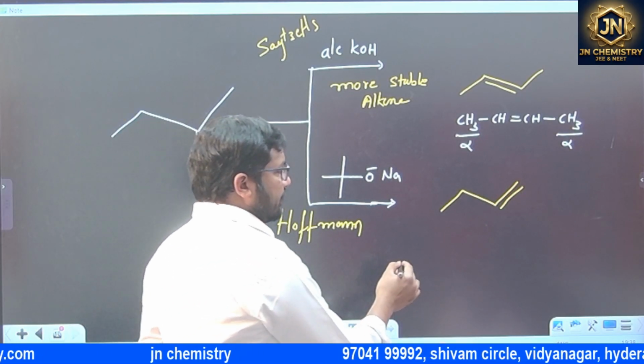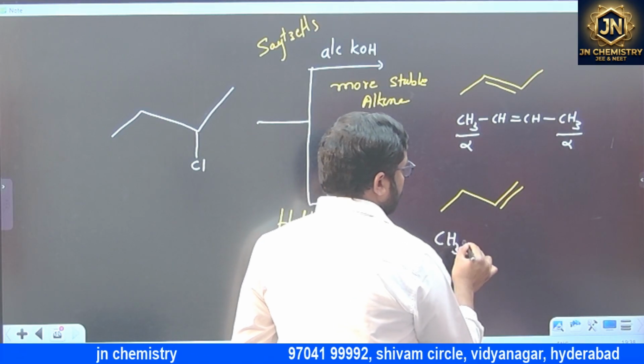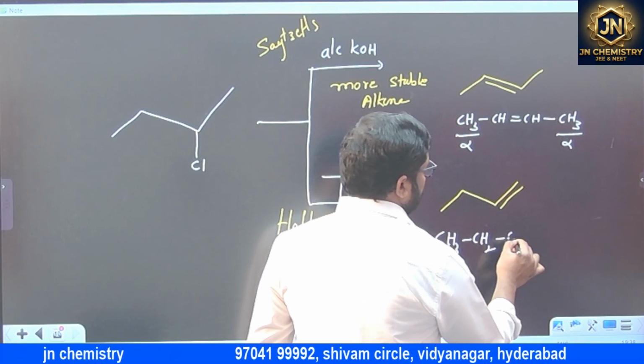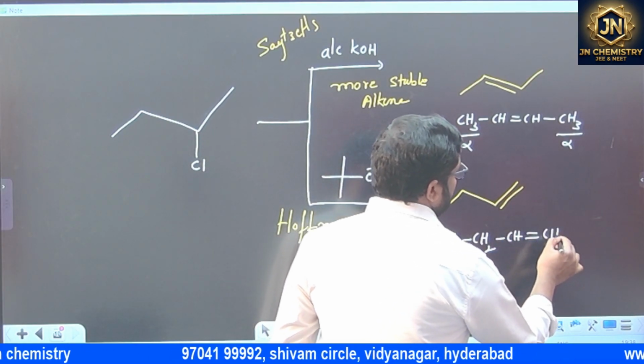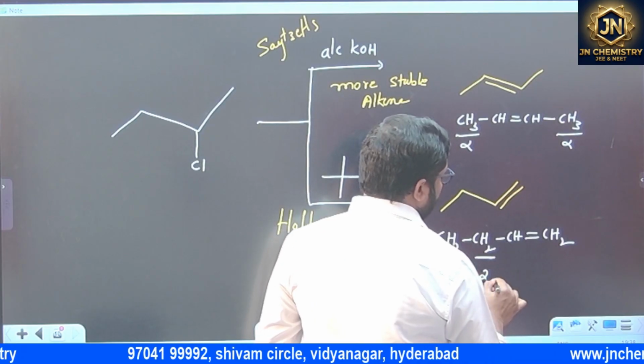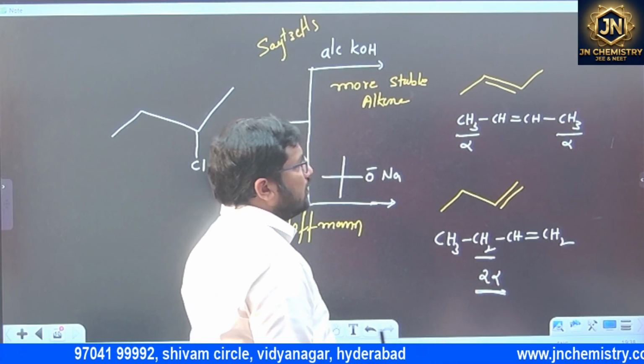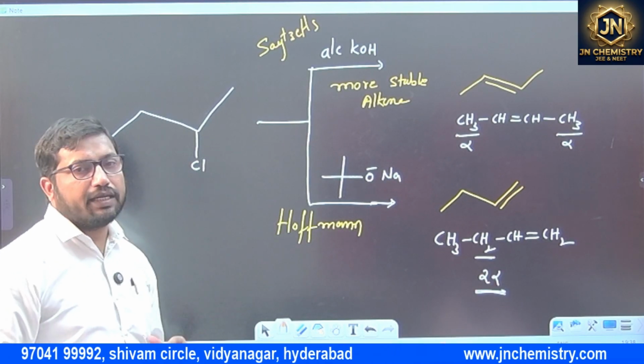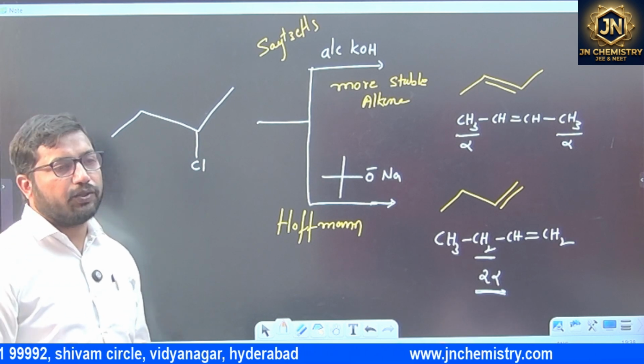Whereas in this case, there are only 2 alpha hydrogens. Whenever a stable alkene is forming, that is the Saytzeff product.